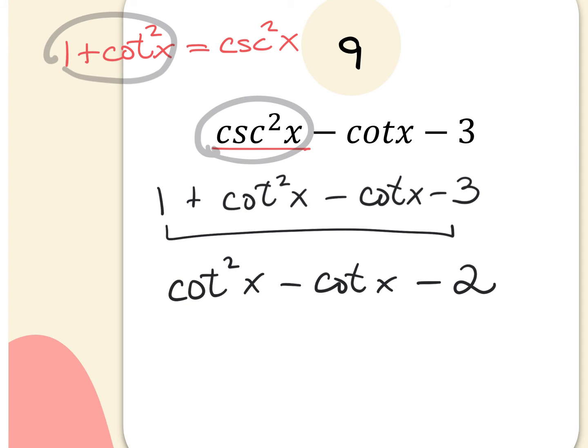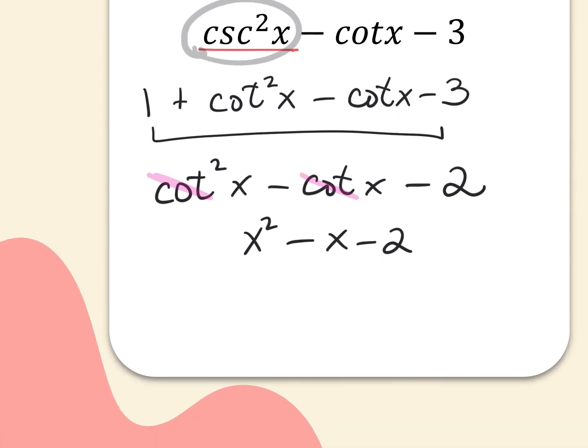Again, if you want to think of this without the word cotangent, what we're factoring here is x squared minus x minus 2. Nice, easy trinomial to factor. Factors of -2 that give you -1 are going to be x minus 2 and x plus 1.